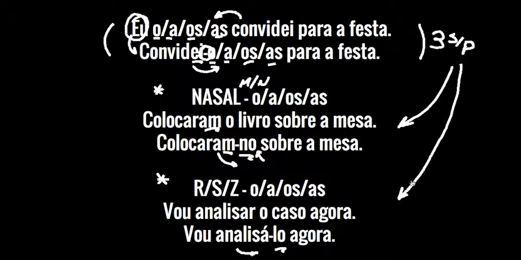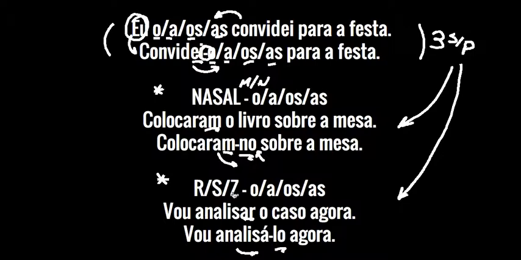And then in a second special case, when we have verbs ending in the letters R, S, or Z, then we change the pronouns after the verb and we put the letter L instead of the letter N, as we have with nasal sounds. So here we have the verb, and then I will analyze it now.